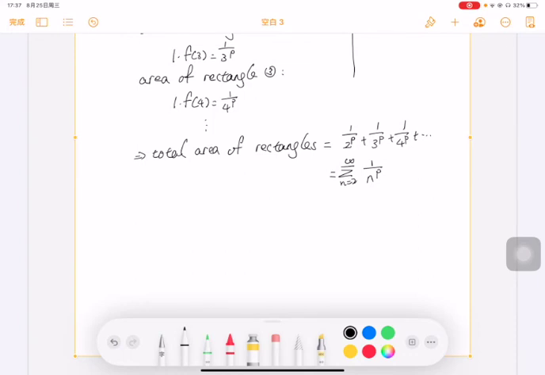So we get the original series, n equals 1 to infinity of 1 over n to the p, equals the first term plus the remainder of the series, equals 1 plus total area of rectangles.